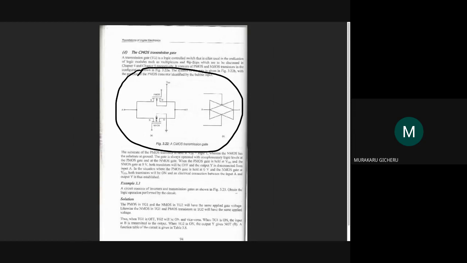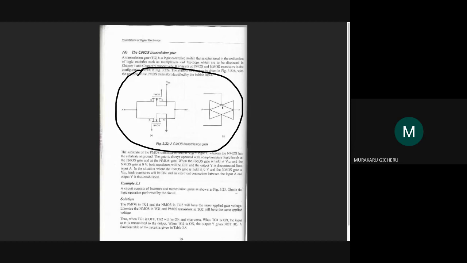The NMOS here is connected to ground, which means if you apply a positive voltage, say 5, the NMOS will form that N channel and conduct. Quick recap: NMOS needs a positive voltage to conduct. PMOS, in this case, needs 0 to conduct because the substrate is at positive VDD. And this is the symbol: PMOS has a bubble at the top.